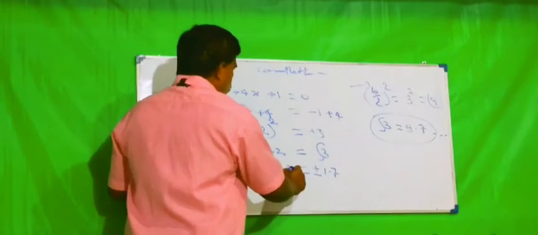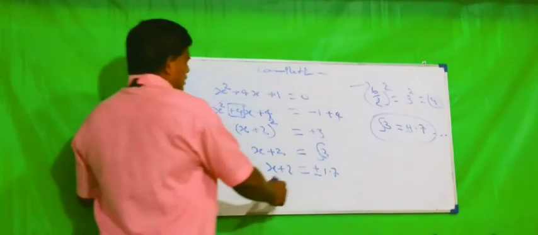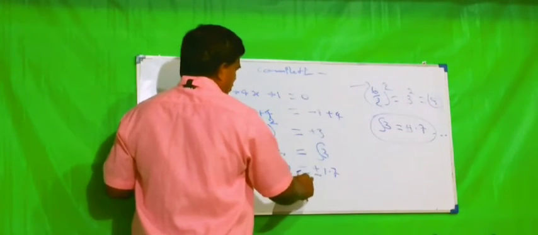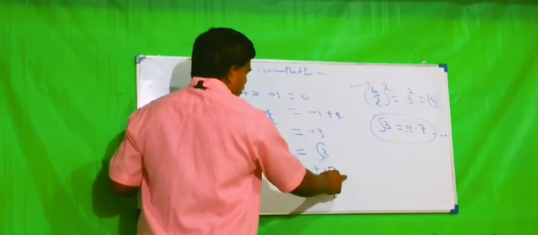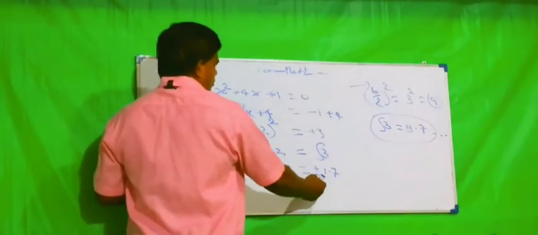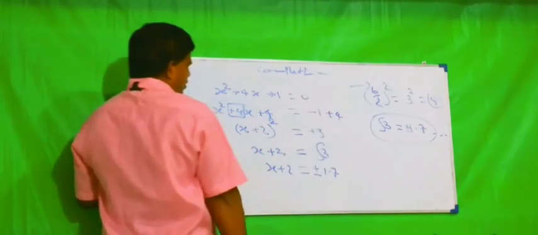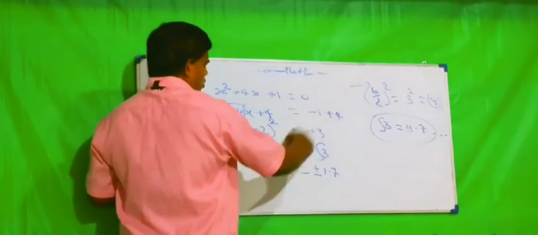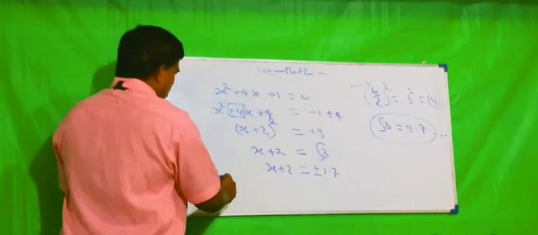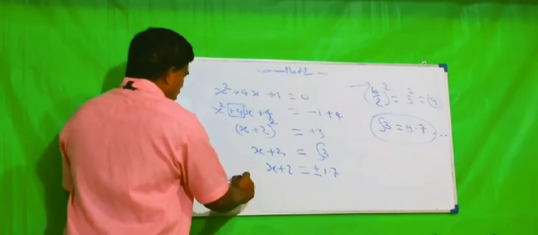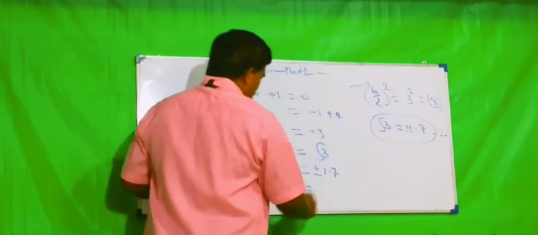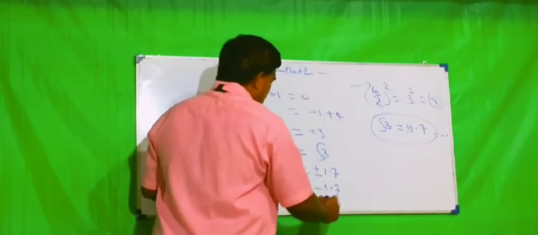Here is plus 2. Now on two occasions, we can take these two values. On one occasion as plus 1.7, on the other occasion as minus 1.7. On both occasions, this plus 2 is moved to the other side and becomes minus 2. Then it can be written as x equals plus 1.7 minus 2 or x equals minus 1.7 minus 2.